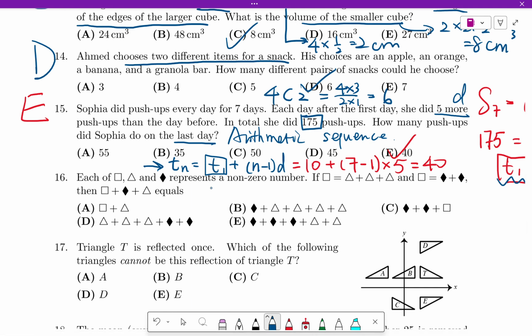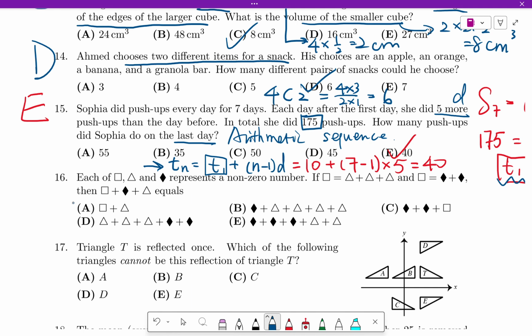Question 16. Each of square, triangle, and kite represents a non-zero number. If one square is equal to 3 triangles and one square is equal to 2 kites, then what would a square plus a kite and a triangle equal to?